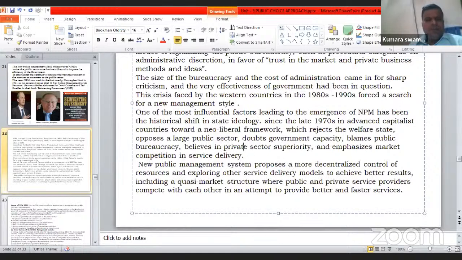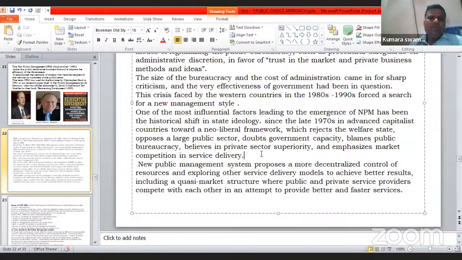One of the most influential factors leading to the emergence of new public management was the historical shift in state ideology in the 1970s, when advanced capitalist countries moved toward a neoliberal framework, which rejected the welfare state and opposed the large public sector. They had doubts about the government.